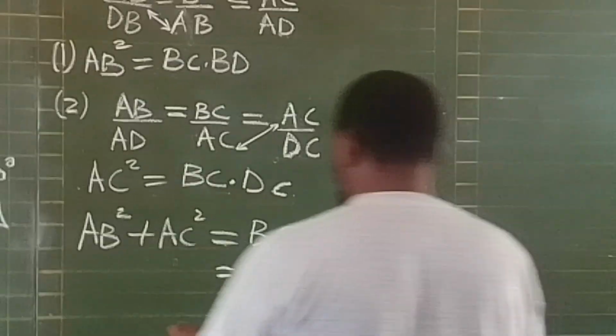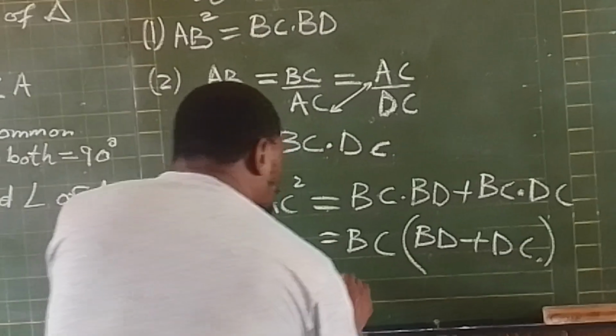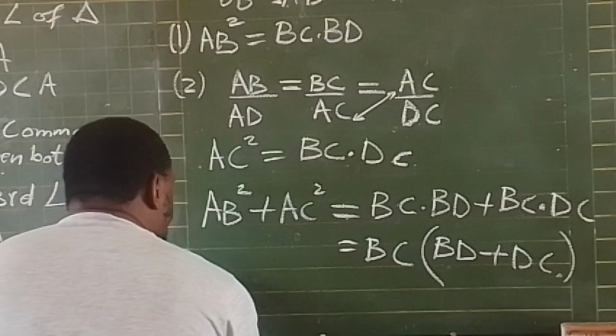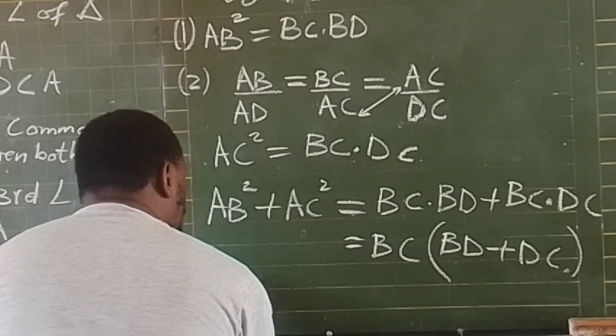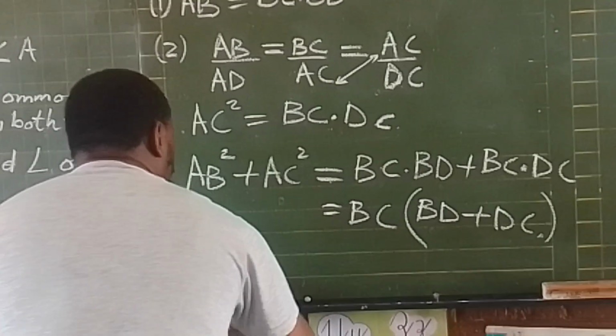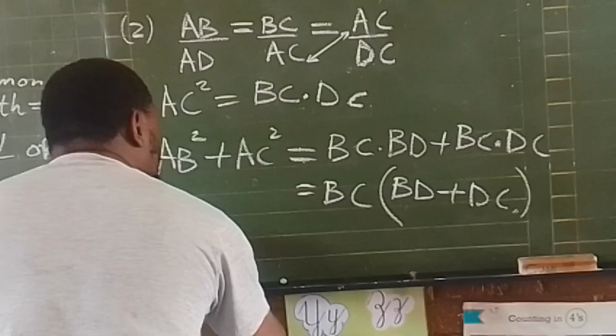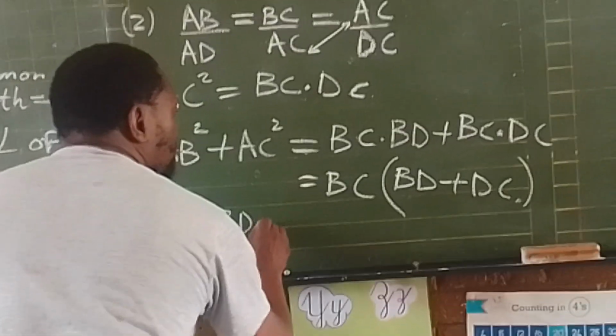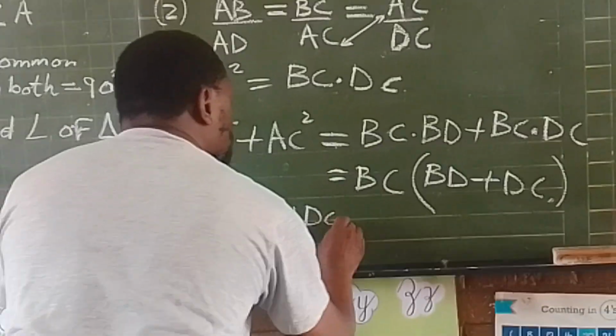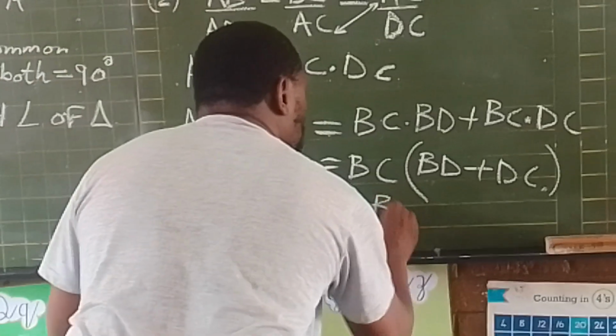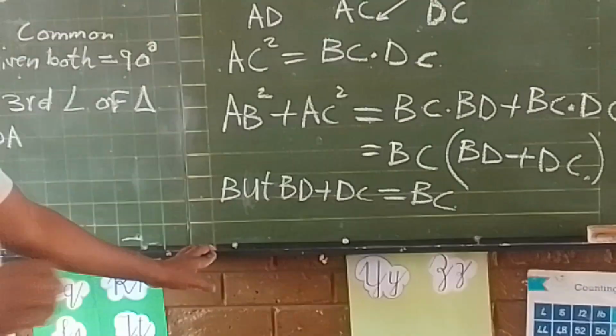Then you have that BD plus DC is equals to BC.